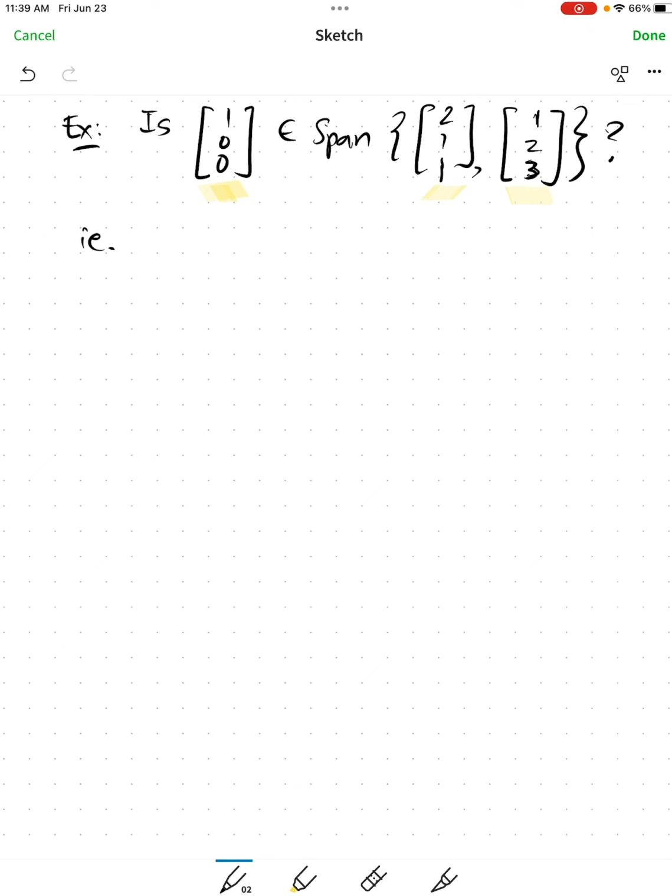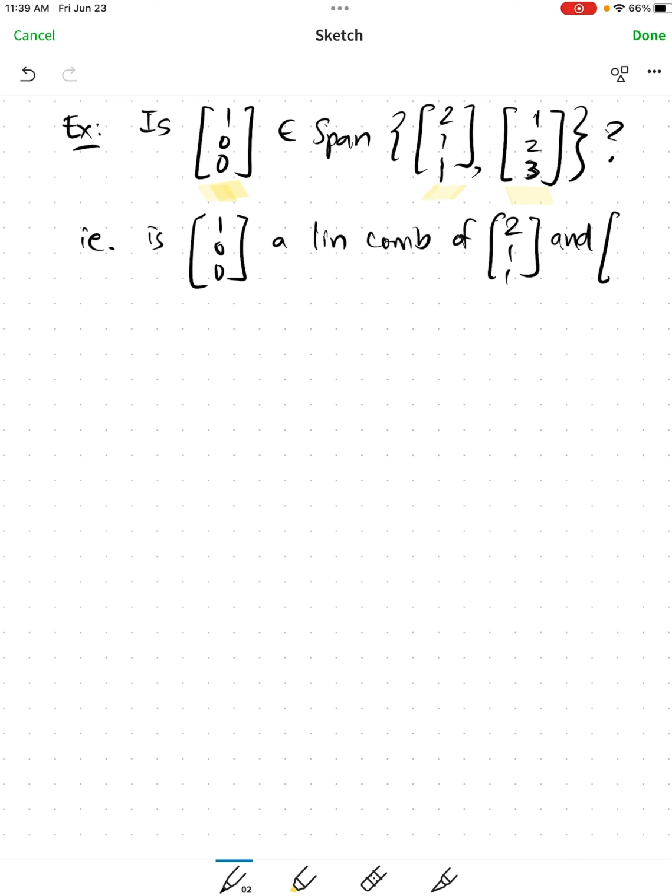So i.e., is this vector a linear combination of 2, 1, 1 and 1, 2, 3? And we went over how to do this, right? So you want to take a minute and answer this question? You might want to pause and answer the question and see what you get.